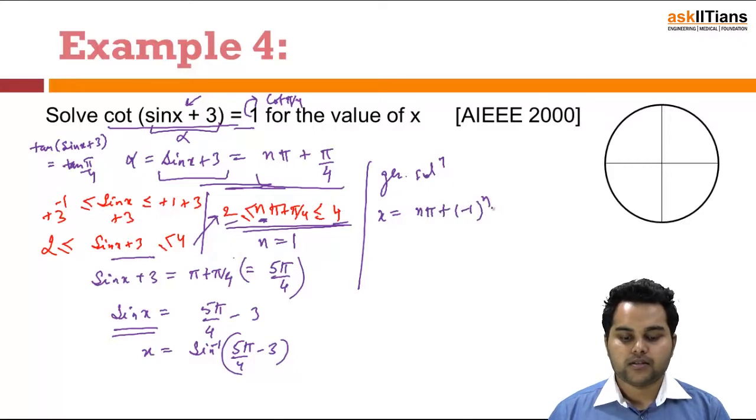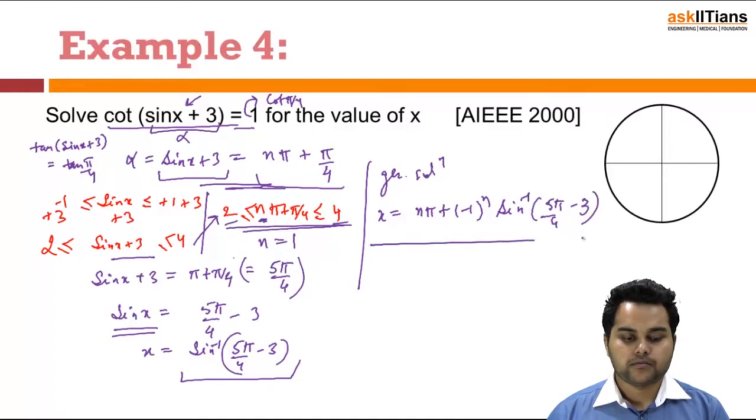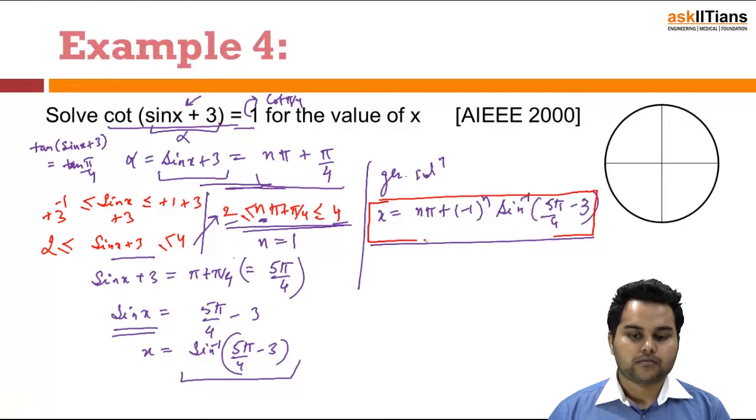Now here alpha is the base angle, that is sine inverse of (5 pi by 4 minus 3). This is the base angle. Moving on to the next question.